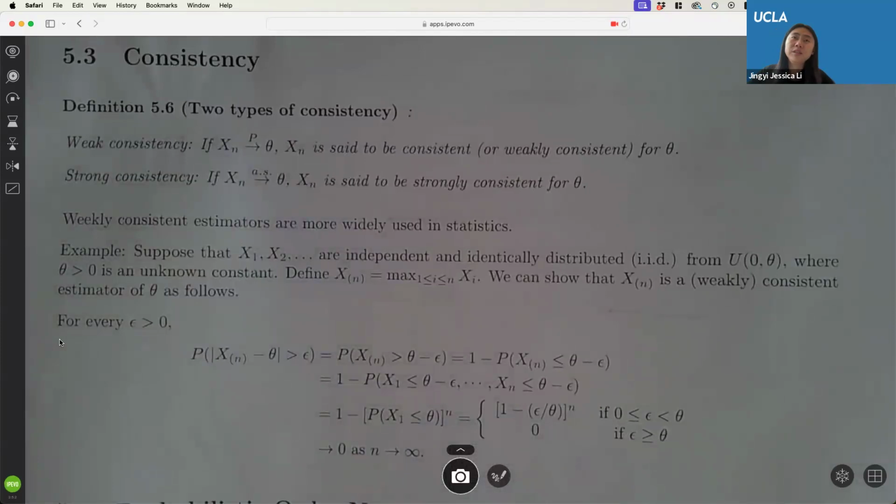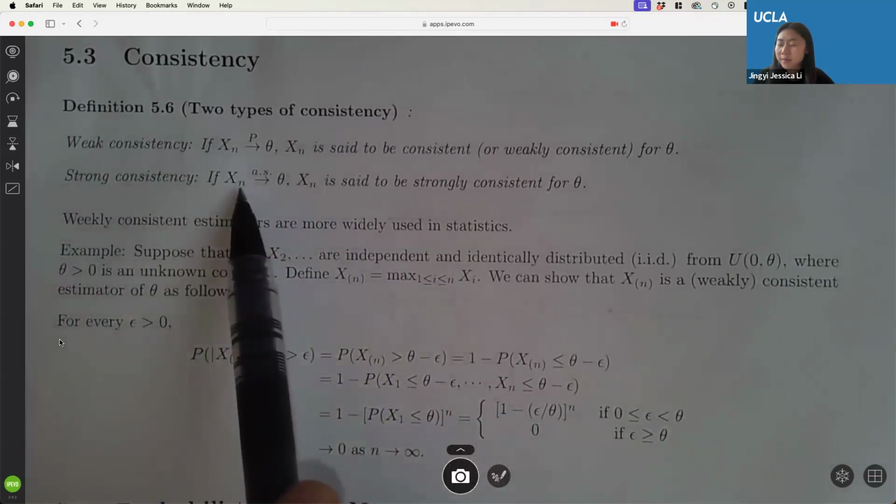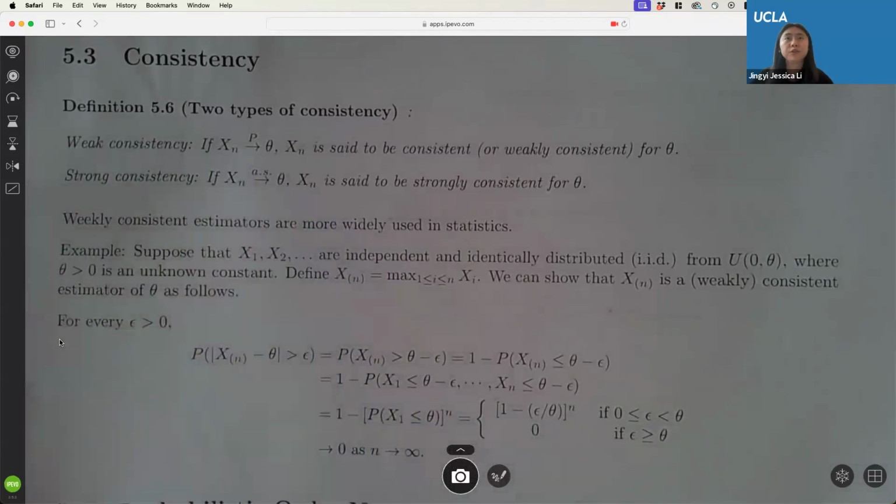Strong convergence means that in any realization, you know that your xn is close to theta for sure. You don't need to worry that your observed value for the estimator is an outlier. But for weak consistency, it's possible what you get is an outlier.